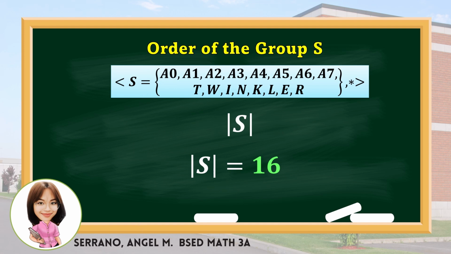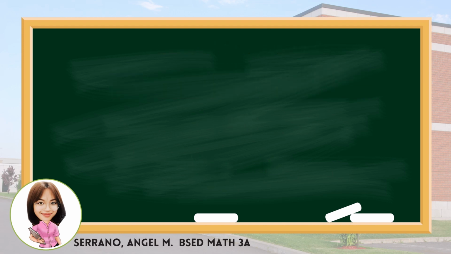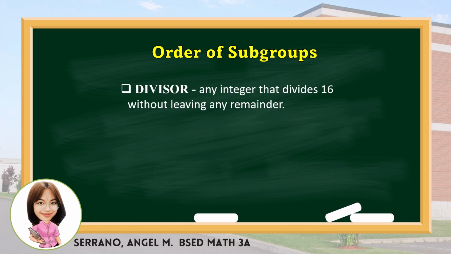Since we've already determined the order of the group S, we can now proceed with the order of its subgroups. To identify the possible subgroups of the group S, we consider all its divisors. When we say divisor, it is any integer that divides 16 without leaving any remainder.